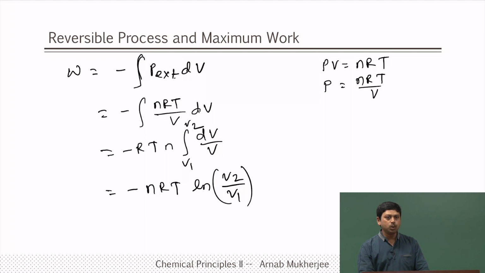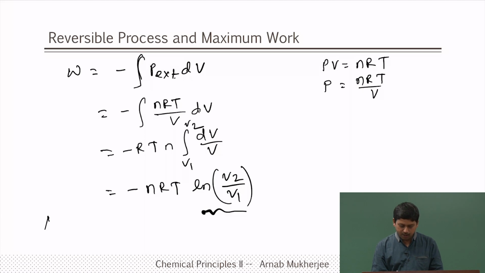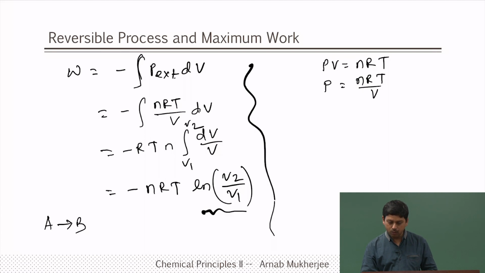Now, you see, since V2 is less than V1 in case of compression, this ln quantity is negative, and negative times negative will give you a positive work. If it is an expansion, then this ln term will be positive, and therefore, we will get a negative term. Now, this is when we are going from V1 to V2, that means the A to B process. Now, let us see what is going to happen when you do the reverse one.